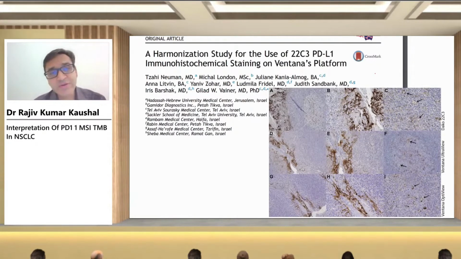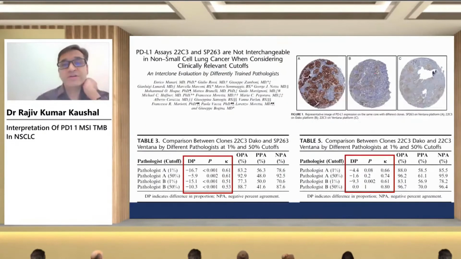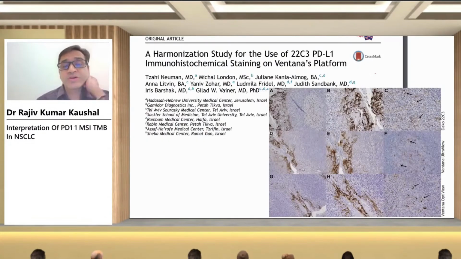But as the availability of these platforms is limited, people started trying other combinations, like using FDA-approved antibodies on Ventana platforms. One group has established a protocol showing that reproducibility of using the same antibody on the Ventana machine is feasible.